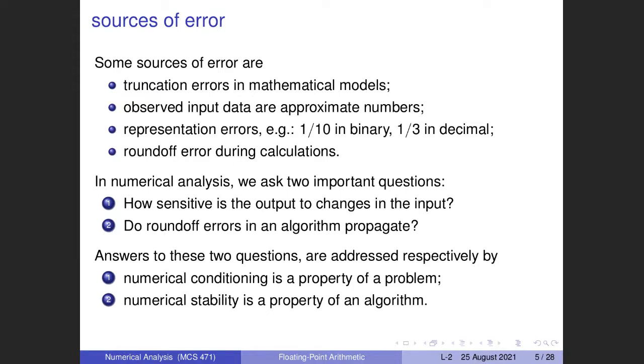For problems, we have numerically well-conditioned problems, and these are the problems which are not too sensitive to changes in the input. We can do something about numerical stability, namely think about better algorithms. Numerically badly conditioned problems, the only thing we can do with them is reformulate them. Actually not solve the original problem, but solve a problem that is better, solve a different problem.